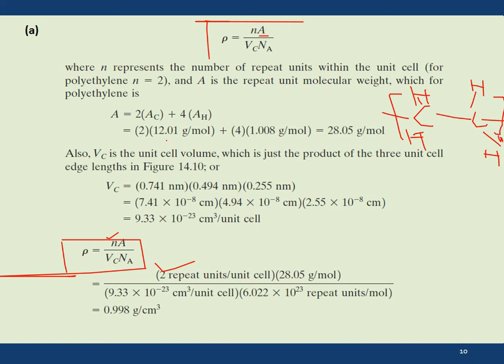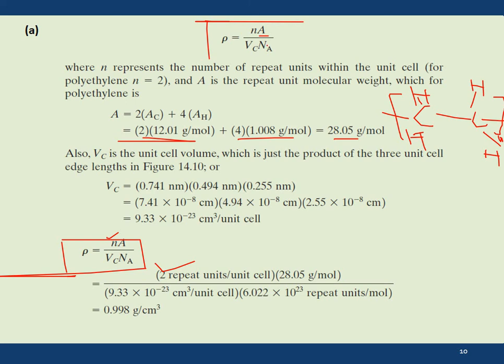So it has 2 carbons, each carbon has a mass of 12.01 grams per mole, so we'll be multiplying by 2, and we have 4 hydrogens which have a mass of 1.008 each. We'll be adding the total mass, and the total mass will be 28.05. So we'll be putting A as 28.05.